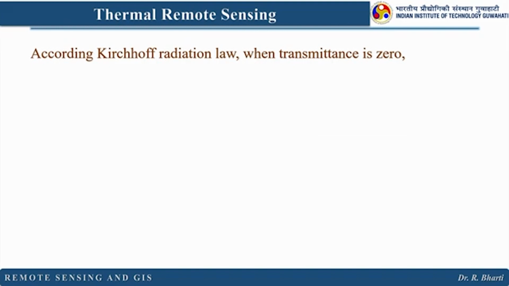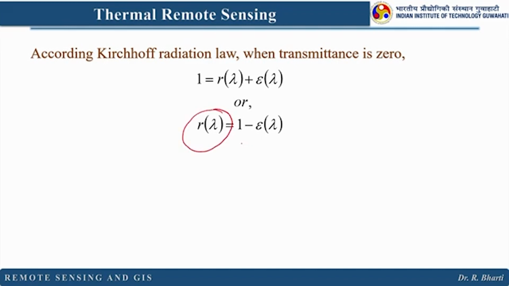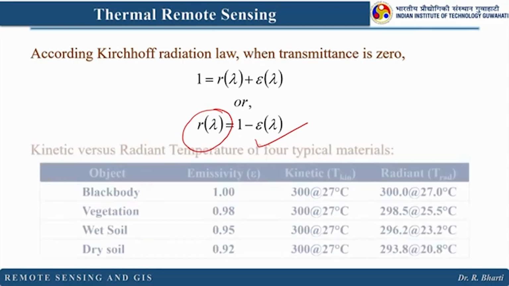According to Kirchhoff's radiation law, when transmittance is 0, your reflectance will be equal to 1 minus emissivity. This is used only when your target doesn't have any transmission, right?